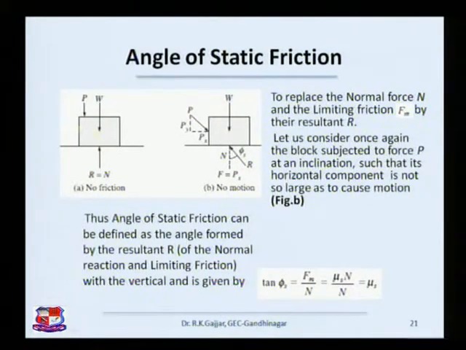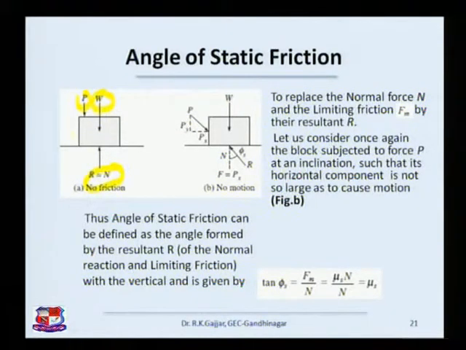Having understood the concept of friction, number 1, the laws of friction, number 2, how friction is created, 3, and the types of friction, static friction or kinetic friction, there is one more important concept that we have to learn. Supposing now we have all those horizontal forces which are being resisted by your normal.